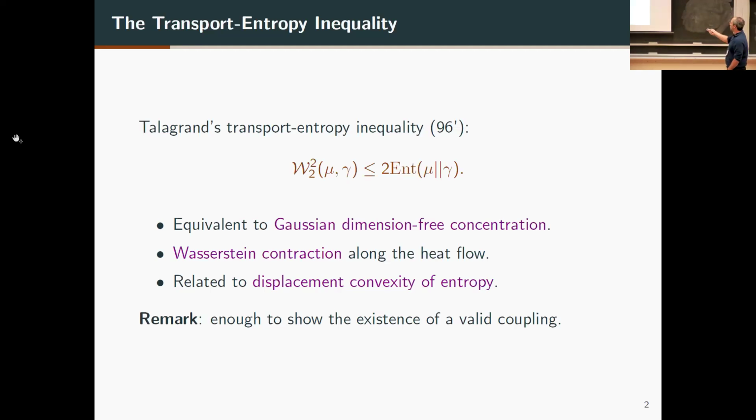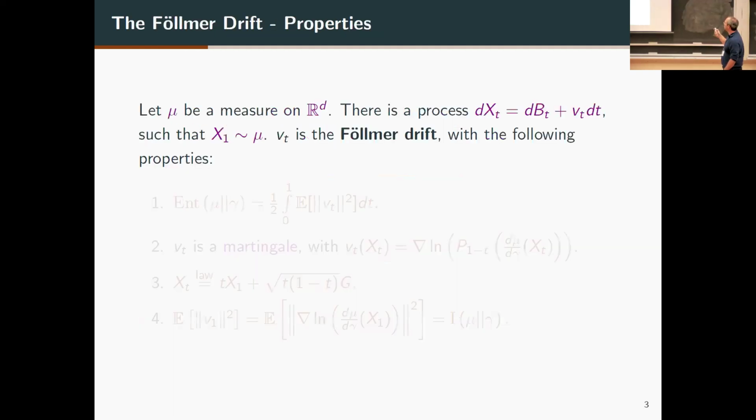So with that in mind, I want to show a different, very, very elegant proof of the Talagrand inequality. And this is due to Lehec from 10 years ago. I want to give minimal background. This is the only place where I won't give all the details.